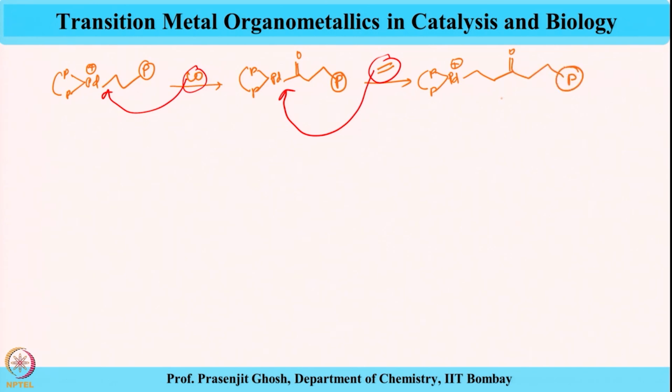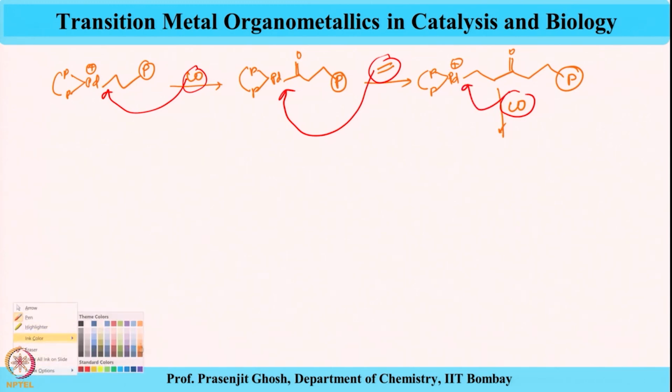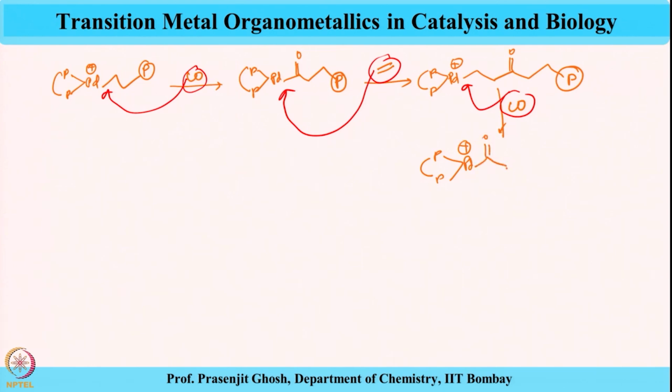now again to this another molecule of CO will come, which will come and insert over there to give the corresponding CO inserted product, and that subsequently will result in poly 3-oxo trimethylene polymer.